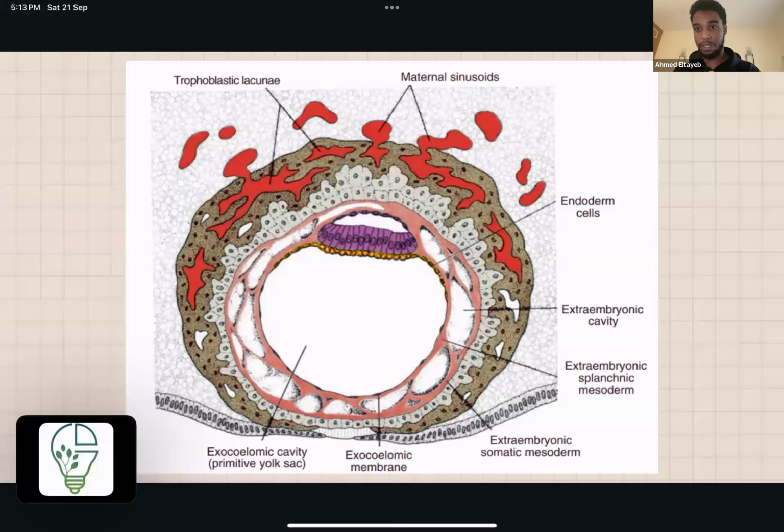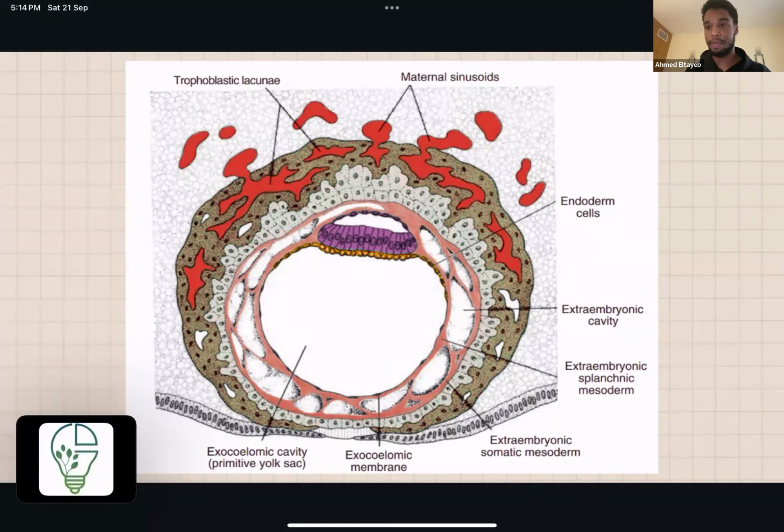It destroys their walls, okay? As a result, blood starts seeping into the lacunae. Blood starts filling up the lakes, okay? And we call this utero-placental circulation because now maternal blood is entering the empty lakes in the syncytial trophoblast.